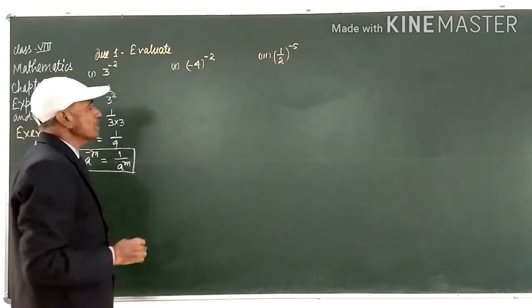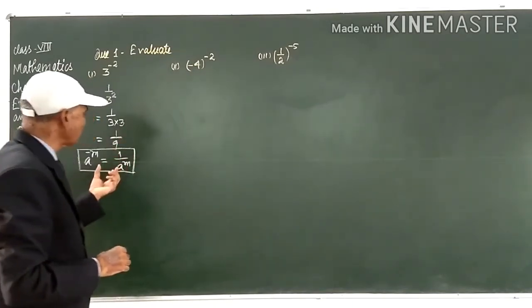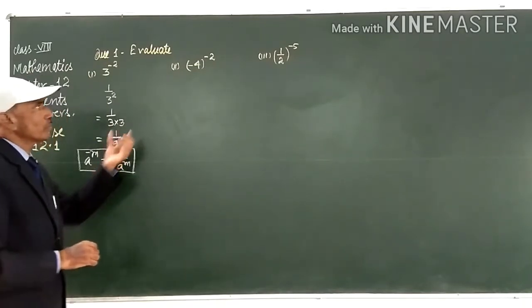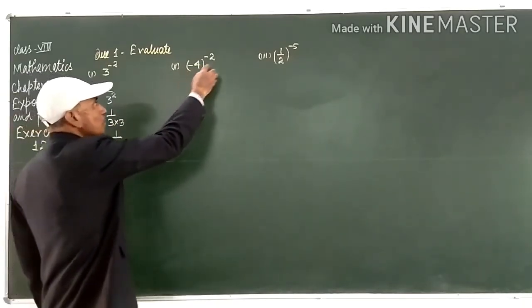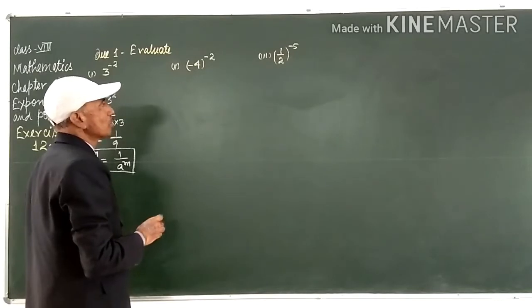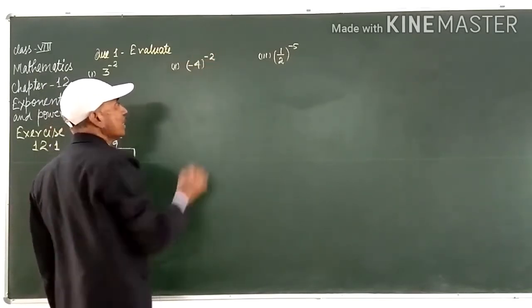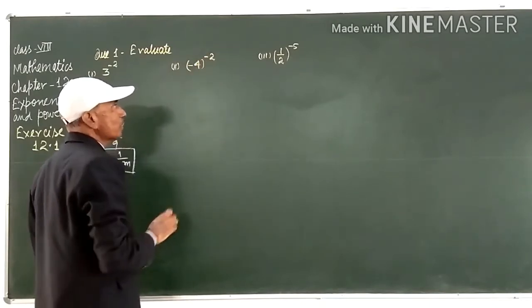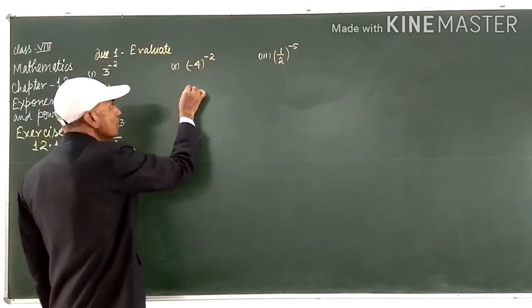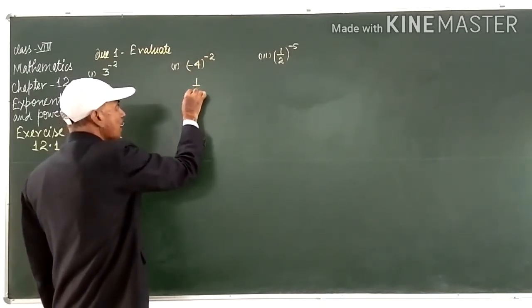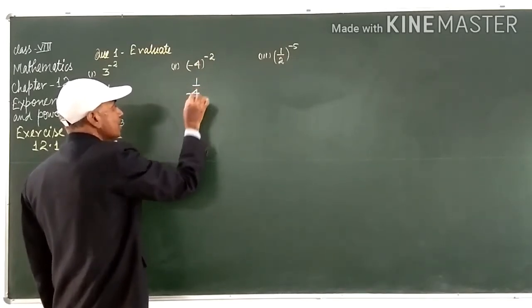So the second one is, students, in this also we have to use this rule. So this one, minus 4 to the power minus 2. The power is negative, that is minus 2, the exponent is negative here. So we will write it 1 by minus 4, students.